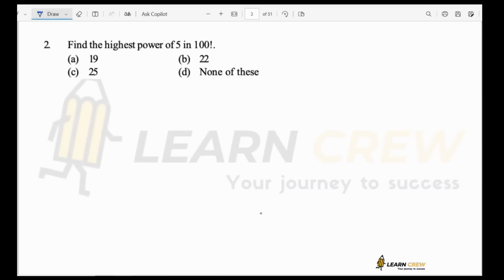Find the highest power of 5 in 100 factorial. To find the highest power of 5 in 100 factorial, divide 100 by 5. Take the integral quotient. And again divide the integral quotient, whatever you got, by 5. You will get 4.